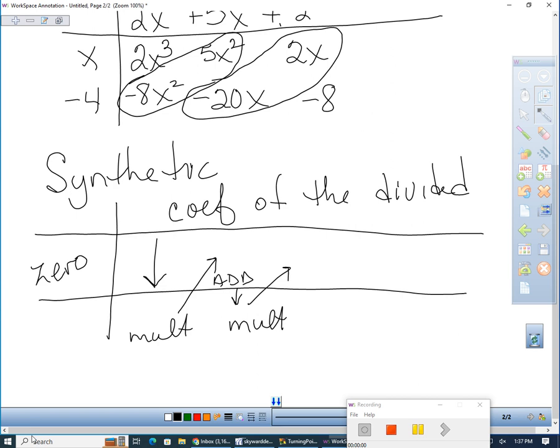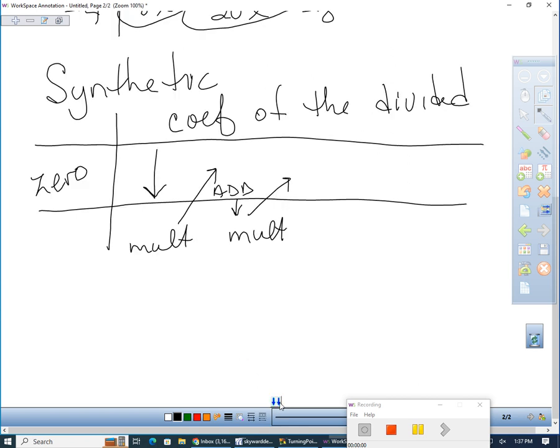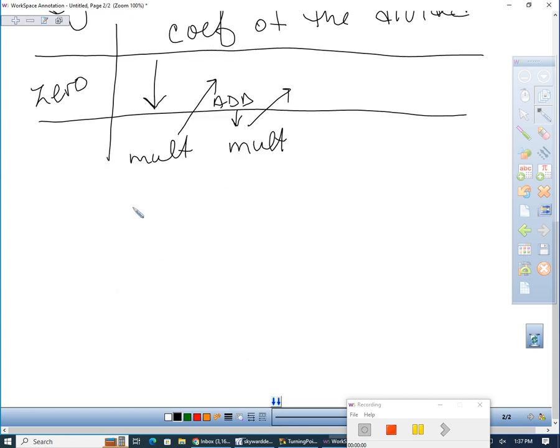So I'm going to show you how this works, but it follows a pattern all the way through. All right? So let's say I have the exact same one we just had up there, which was 2x to the third minus 3x squared minus 18x minus 8. And we're dividing by x minus 4.